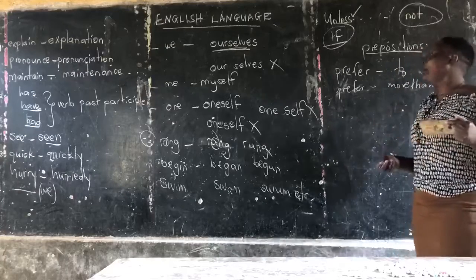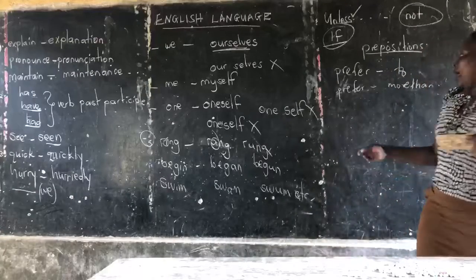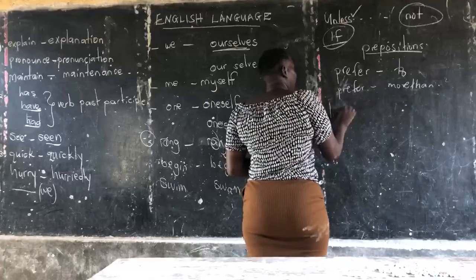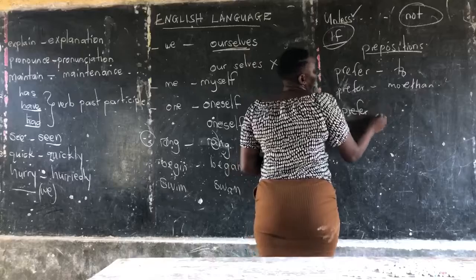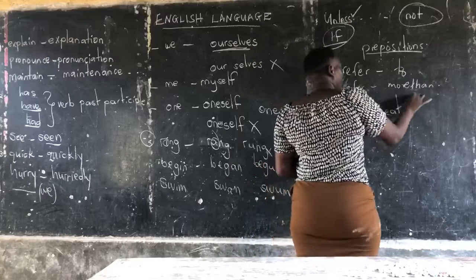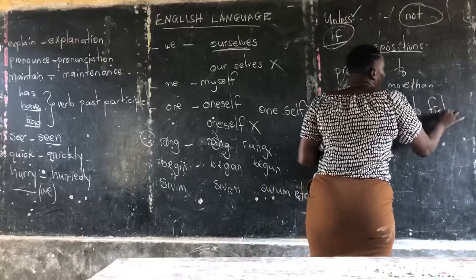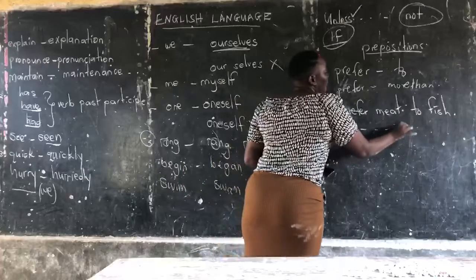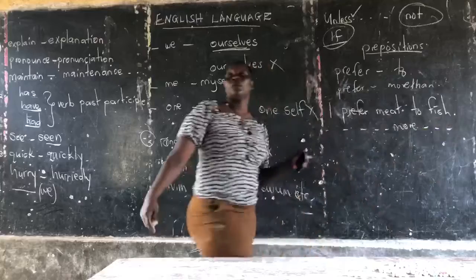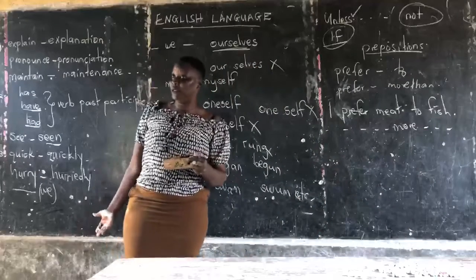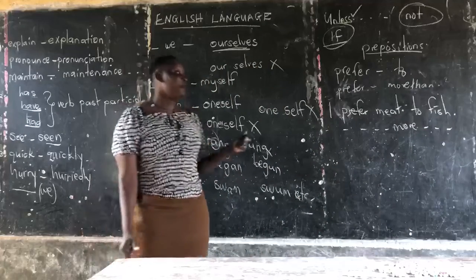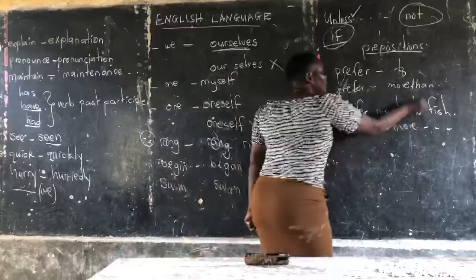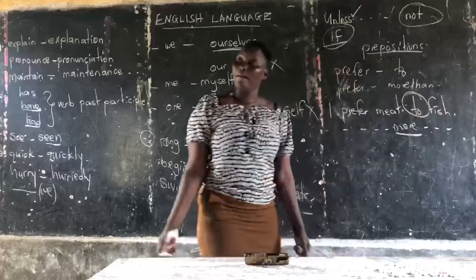Take an example, they might say, I prefer meat to fish. Then the examiner tells you to join the sentence using more. What will come into your brain? We are going to replace some of the words. Where there is to, that is where we are going to put our more.